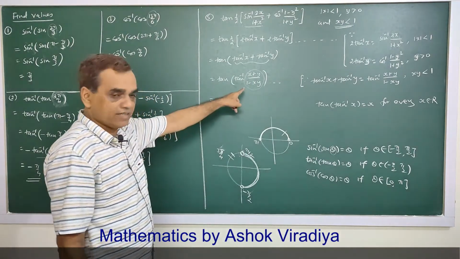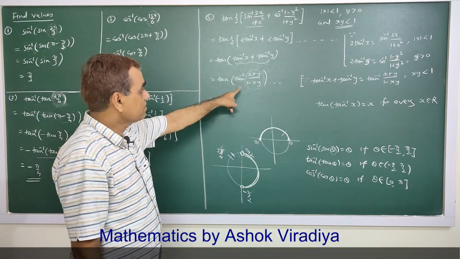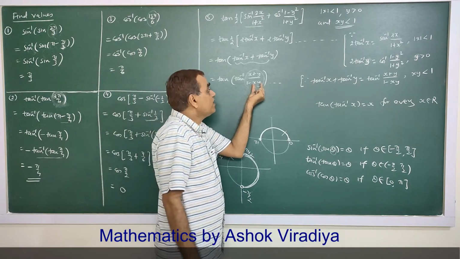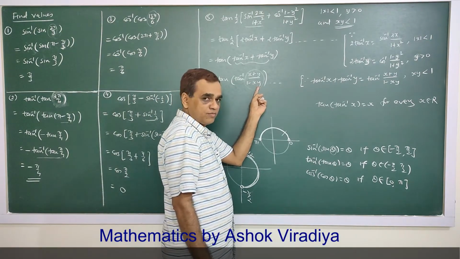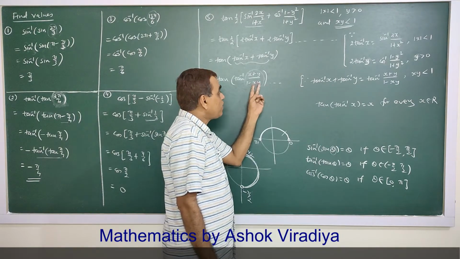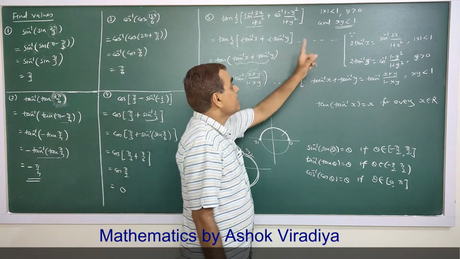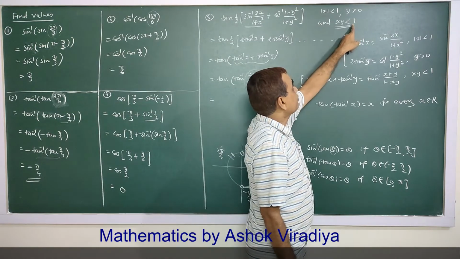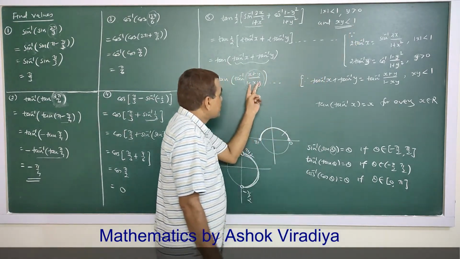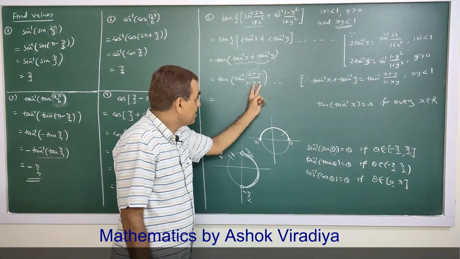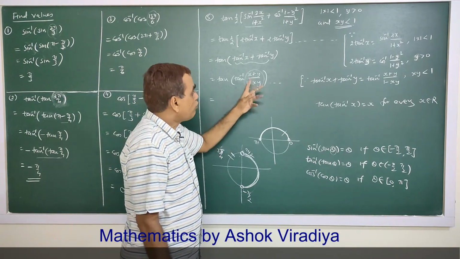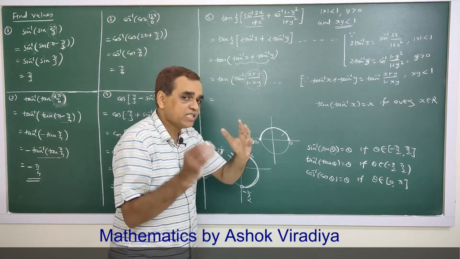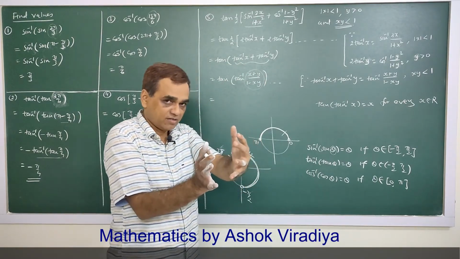It must be defined. If xy equal to 1, then the denominator will be 0. But here xy is not equal to 1, xy is less than 1. So because xy is less than 1, this denominator is non-zero. So whatever its value, it is a defined real number.